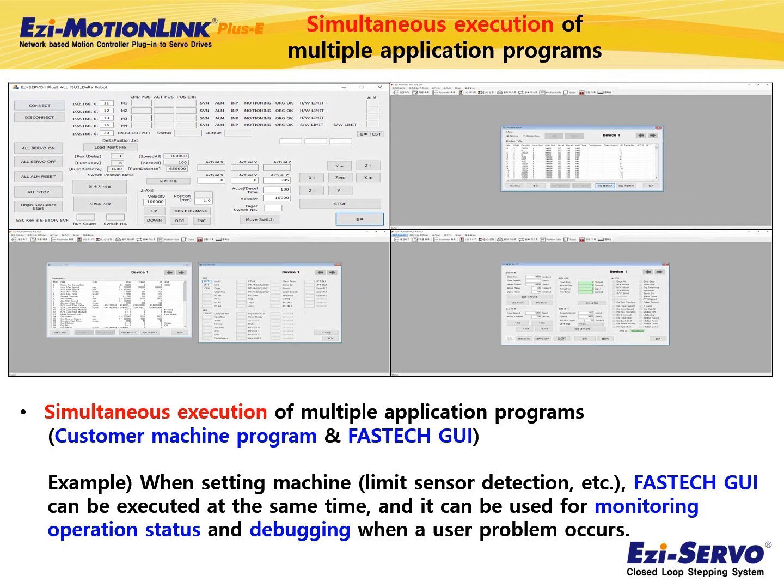For example, you can check whether the limit sensor works properly during machine setting by running our GUI at the same time. If a problem occurs in the customer's machine program, it can be monitored through our GUI program. So, it can also be used for debugging.